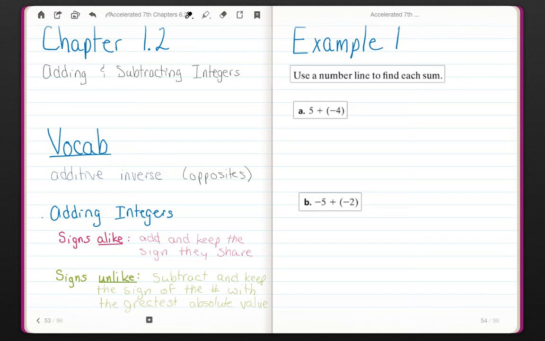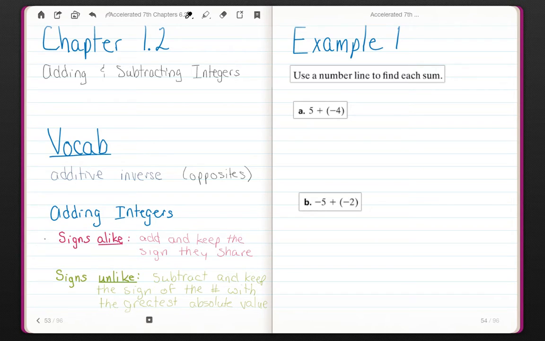So what I do want to focus on is how to add integers when you have different signs, whether one is positive and one is negative, or they're both negative, or they're both positive. So this is a summary of the sign hanging at the front of the room, and you need to memorize this.